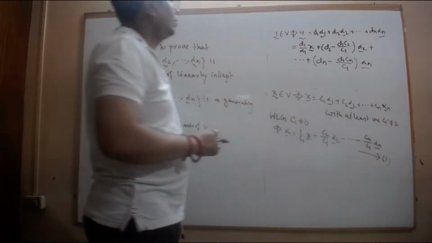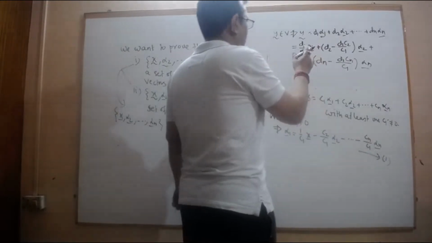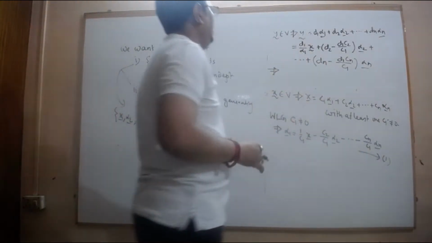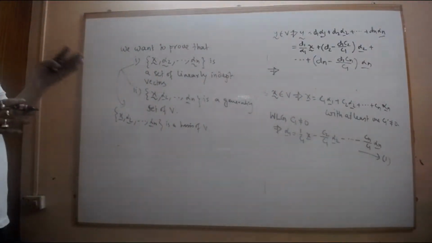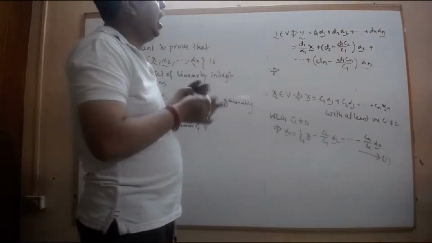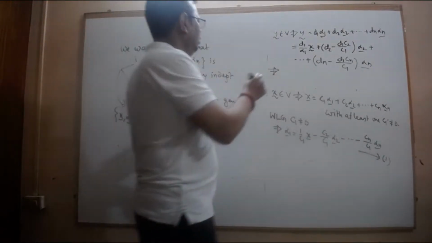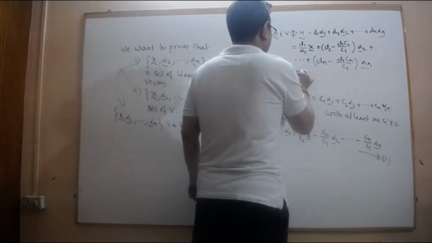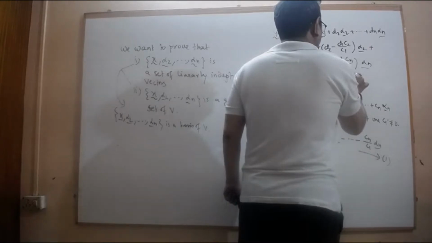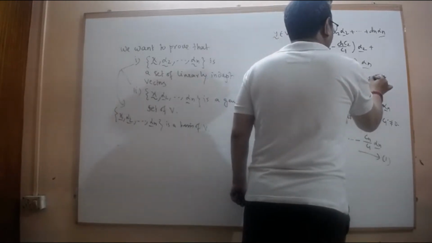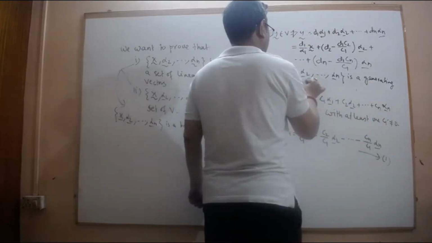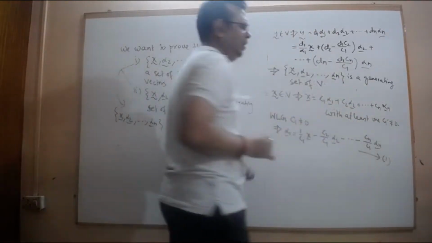So this implies y curl is a linear combination of x curl, alpha 2 curl, alpha n curl. Therefore, x curl, alpha 2 curl, alpha n curl is a generating set of V.